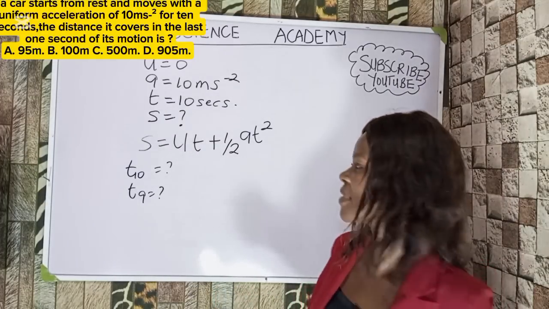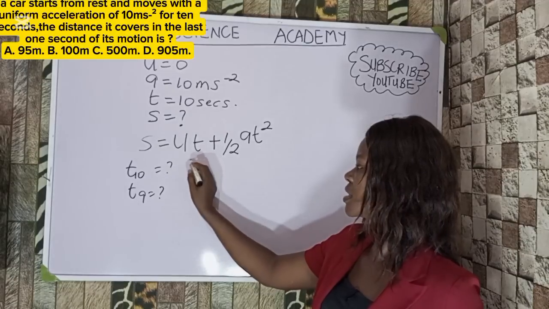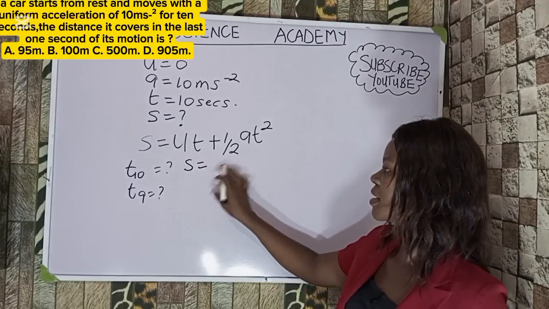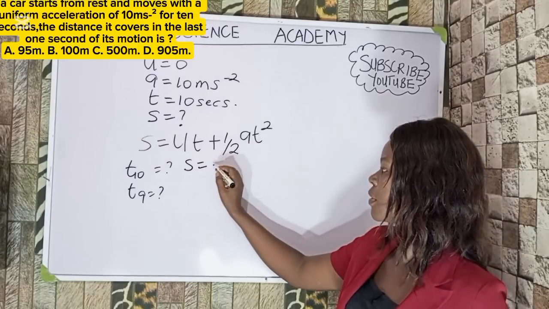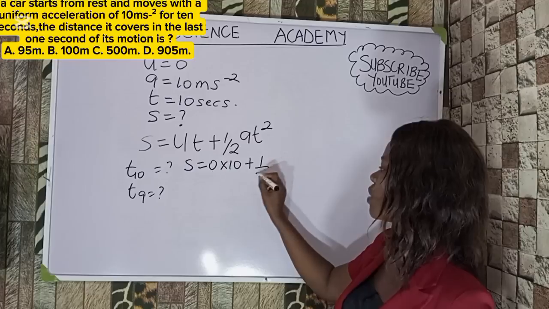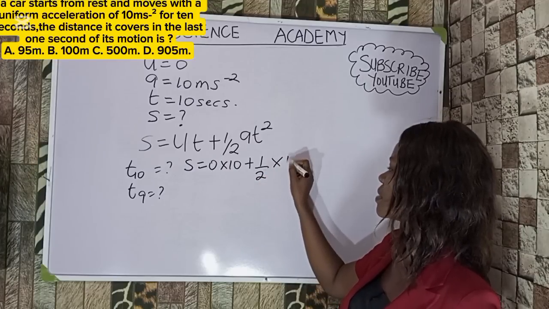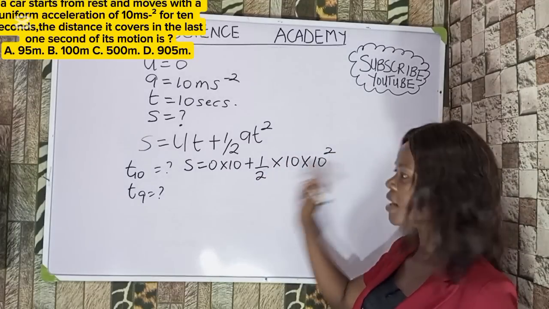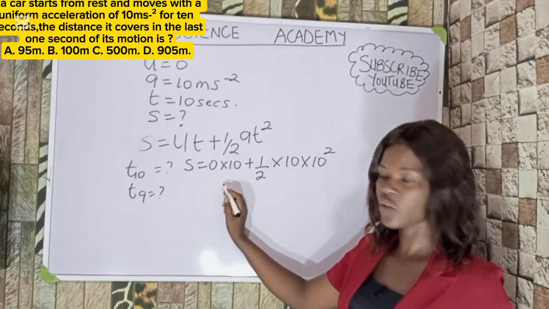So let's solve by saying x is equals to u t plus 1 over 2 a t square. u is 0, so 0 times 10 plus 1 over 2 times 10 times 10 square. Because this is 0, everything changed to 0.